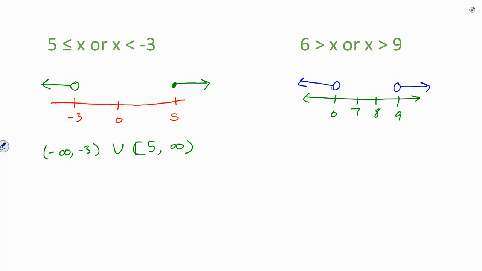We're going to say this one as an interval, union with this one as an interval. The one on the left is going to be negative infinity to 6, because I'm going all the way out to the left up until 6. Union 9 to infinity. So I'm saying both of those intervals are part of my solution.